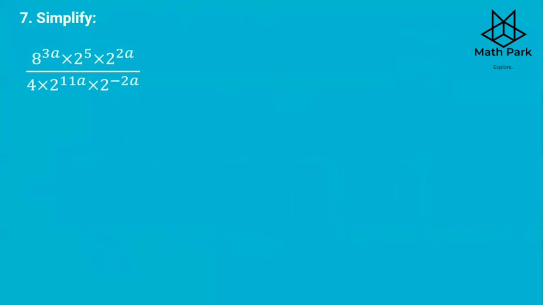In question number 7, we have: simplify 8 raised to 3a into 2 raised to 5 into 2 raised to 2a, upon 4 into 2 raised to 11a into 2 raised to minus 2a. So 8 is the cube of 2.